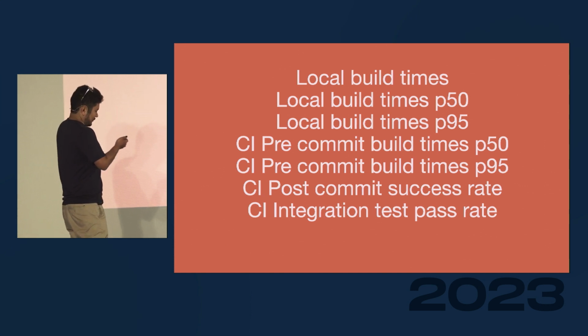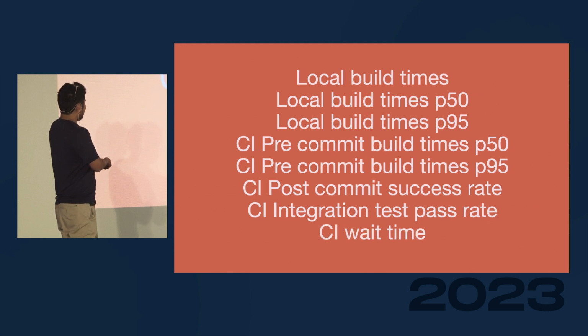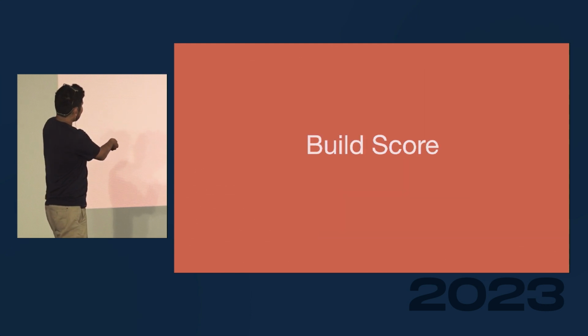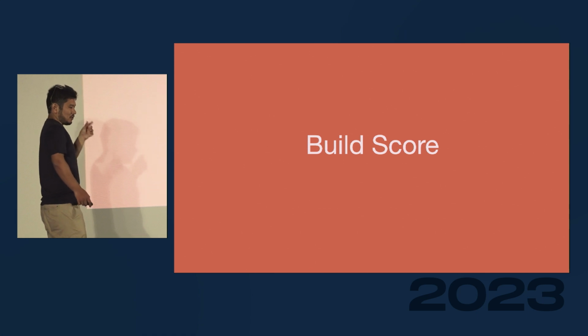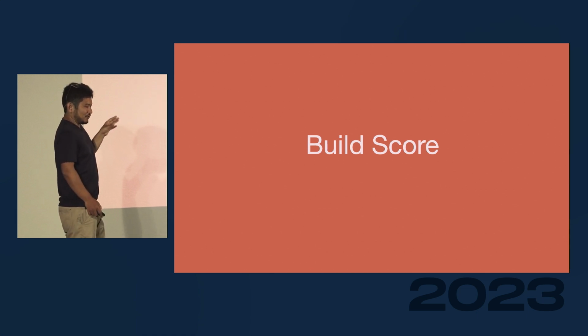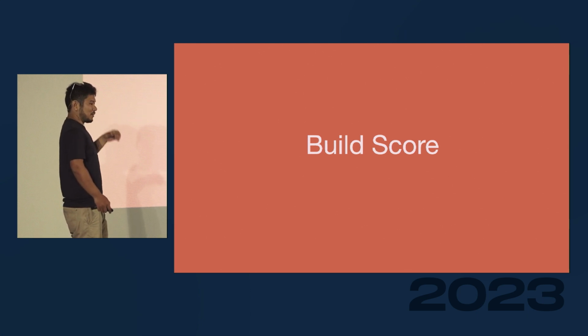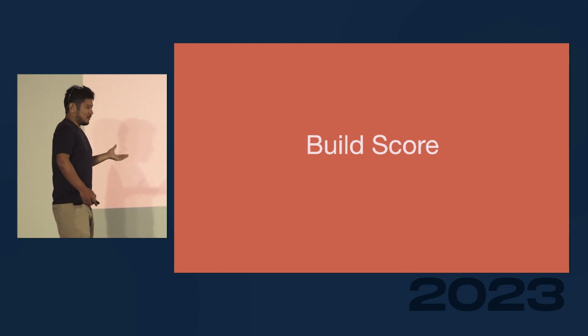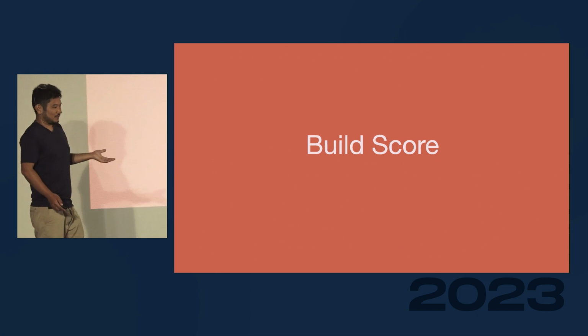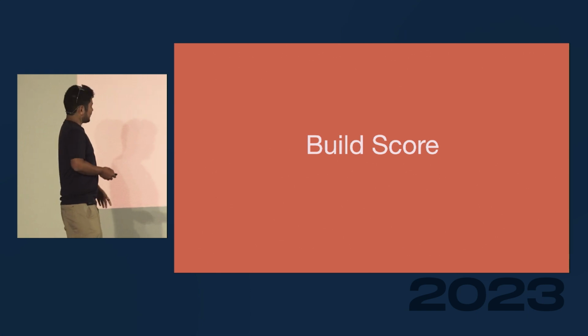That's why we came up with this concept of a build score. It's just a single score that makes it a little easier to understand how things are going. So it's a very good way for upper management to tell, hey, is this going well? Does this need more investment? And so on.